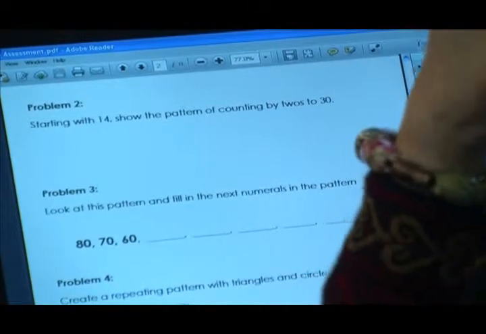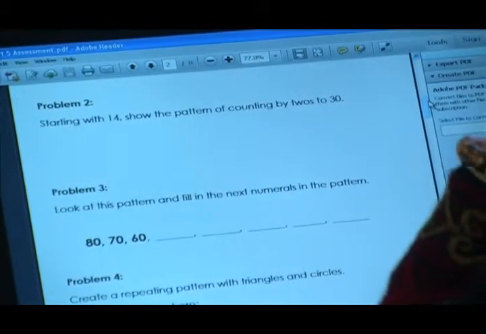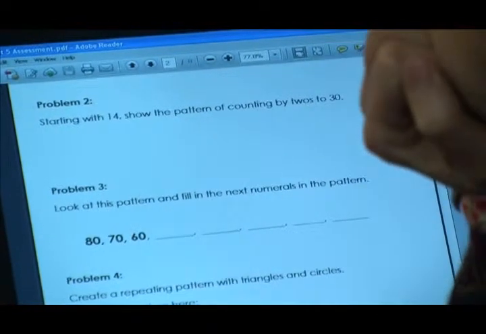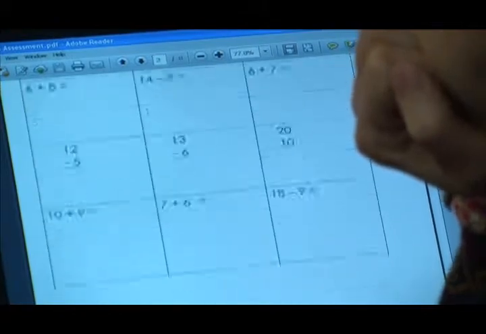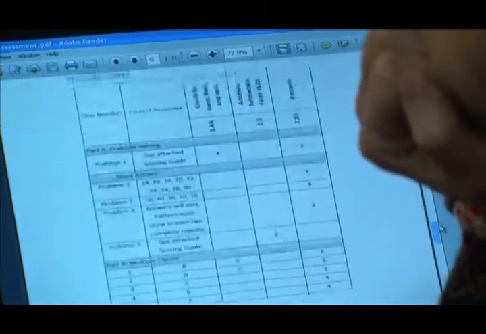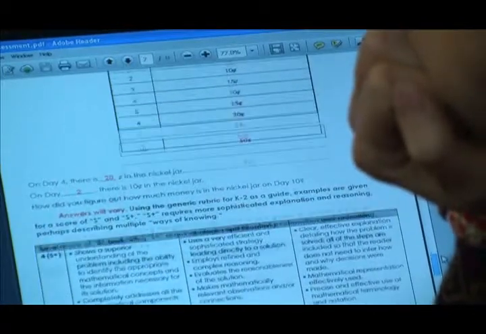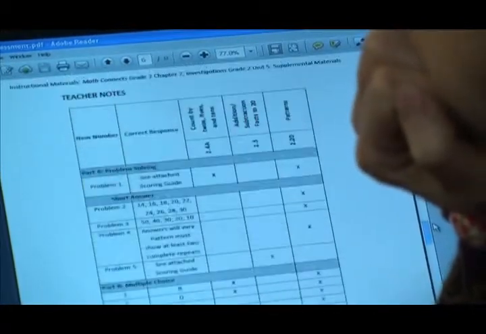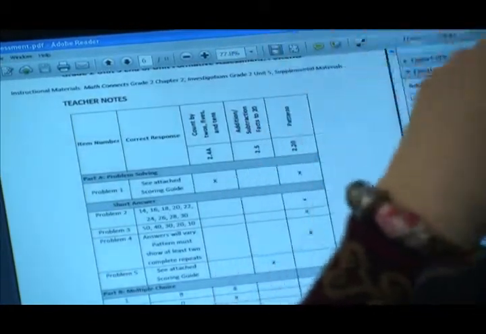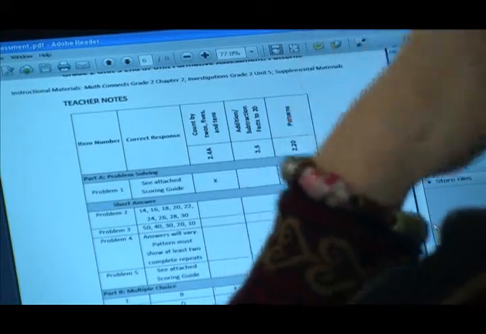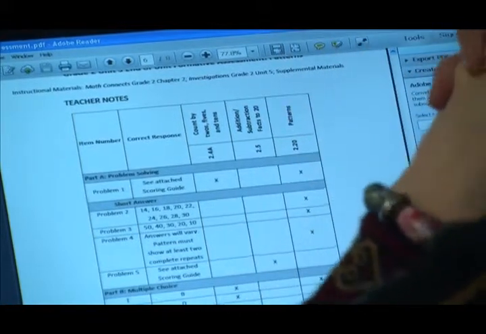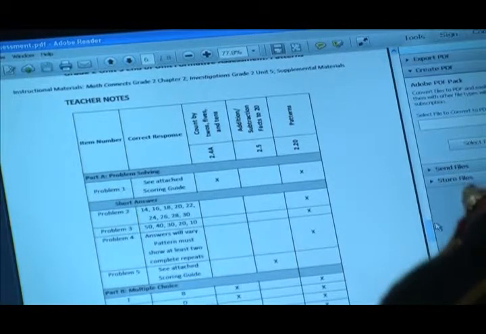Can we look at how problem 4 would be scored? Problem 4, the repeating pattern with triangles and circles. I'm just wondering what we're looking for. Answers will vary. Where is it? There we go, it's up there. Okay. So they have to include at least 2 complete repeats. It's either they got it or not.